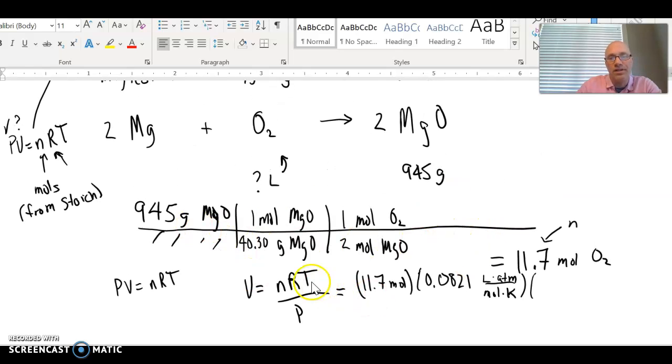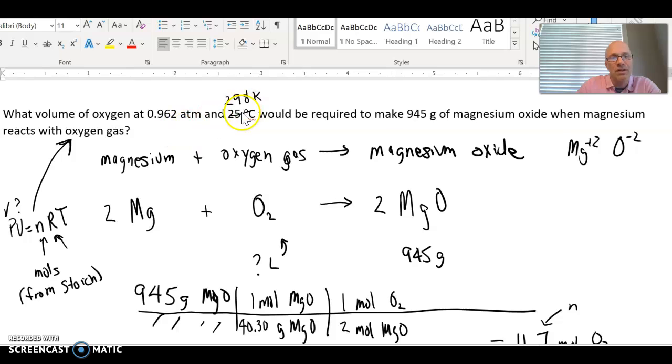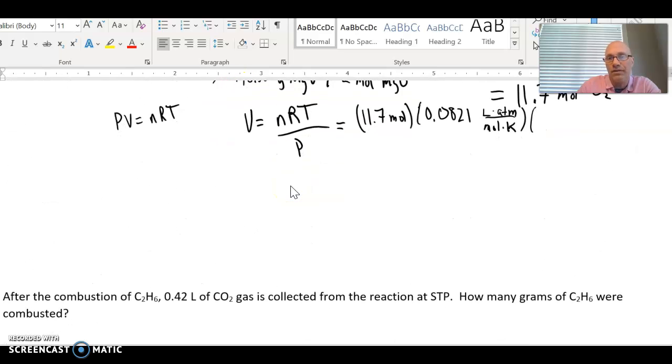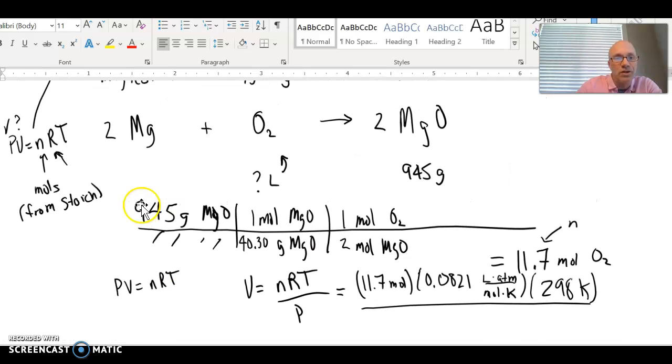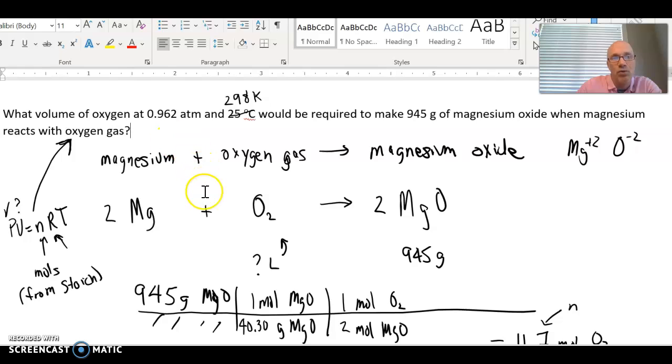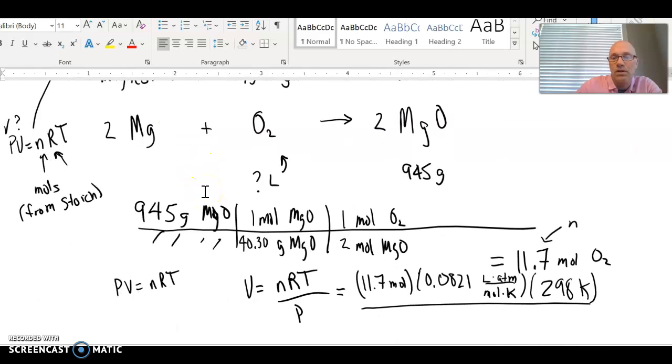We're then going to plug our temperature in. Our temperature is given in the problem. Remember that it's got to be in Kelvin, so that's going to be 298 Kelvin. And then you're going to divide that by the pressure, which is also given in the problem, 0.962 atmospheres.